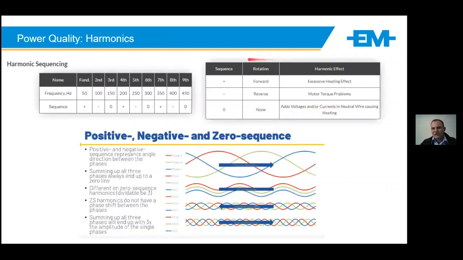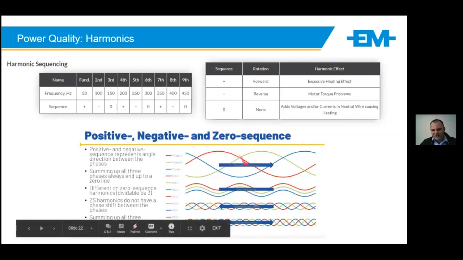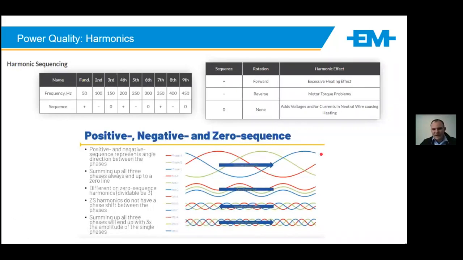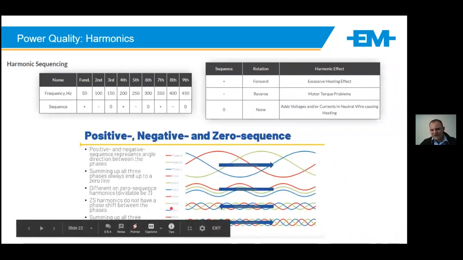So a brief overview of harmonic effects. Positive sequencing, forward, excessive heating. Reverse, motor torque problems. Zero sequencing adds voltage or currents into the neutral wire. If we view all these waveforms here, the fifth, as we mentioned, was negative sequencing.